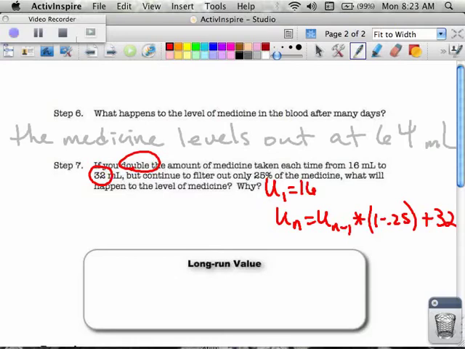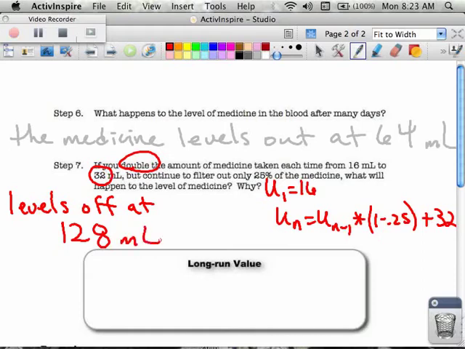What happens to the medicine then? Where does it level off? How much? Thank you. 128. Good job. Levels off at 128 milliliters.